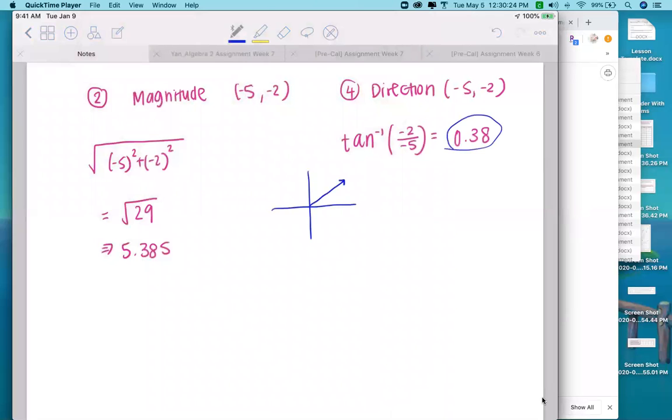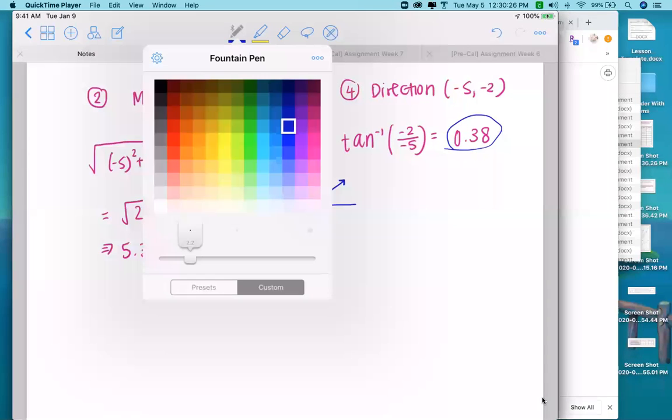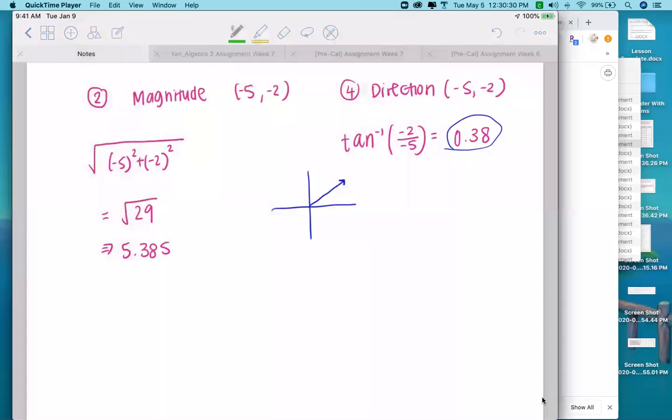The question we have here, -5, -2, we want in the third quadrant. So we want it to be pointing towards the opposite direction.